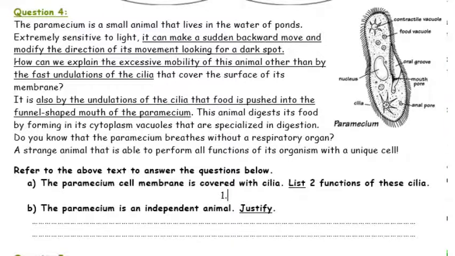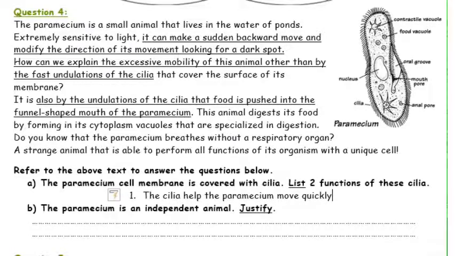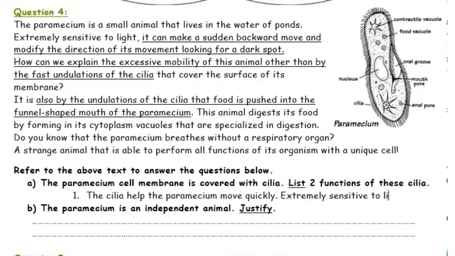So 1, the cilia help the paramecium move quickly. You can add the sentence written in the text: extremely sensitive to light.